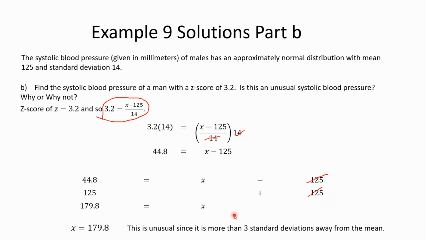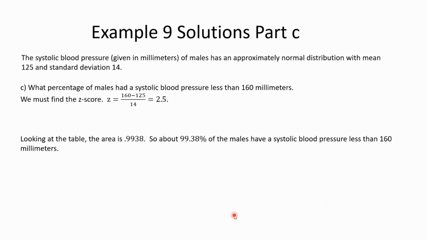For C now, we want to know what percentage of males had a blood pressure less than 160 millimeters, excuse me. Okay, what percentage of males had a blood pressure less than that? So percentage of data values, right? You want area. So let's get the z-score, which is what I'm doing here.